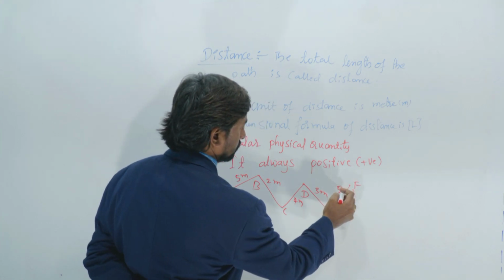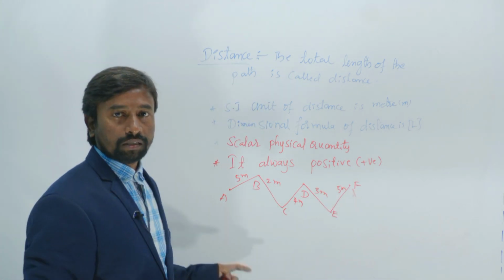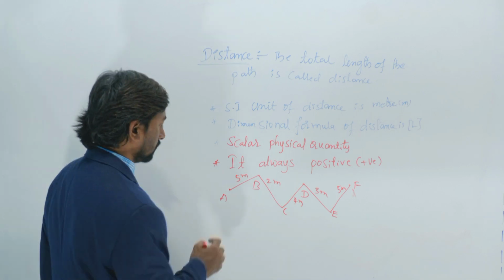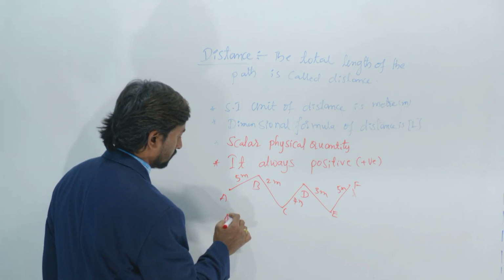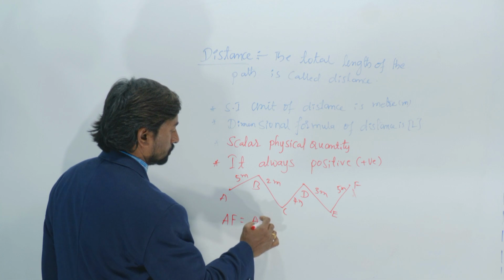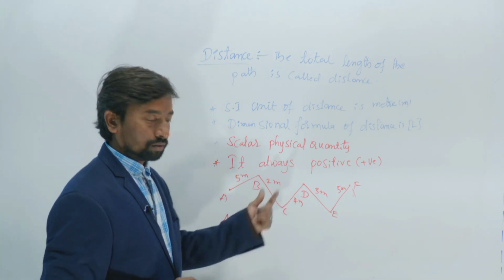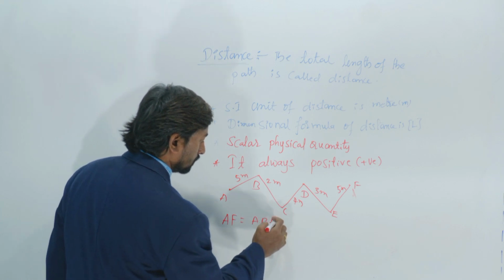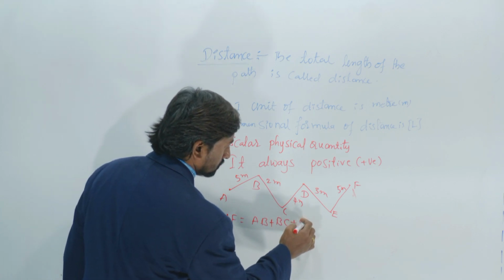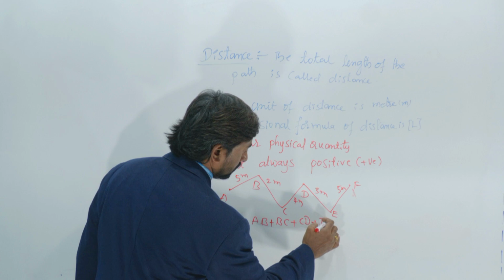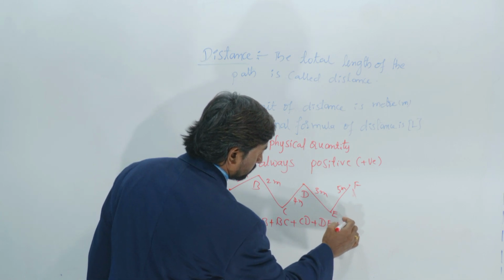Now the distance of the path covered by the body, AF, is the sum of all the positions the body has traveled: AB plus BC plus CD plus DE plus EF.